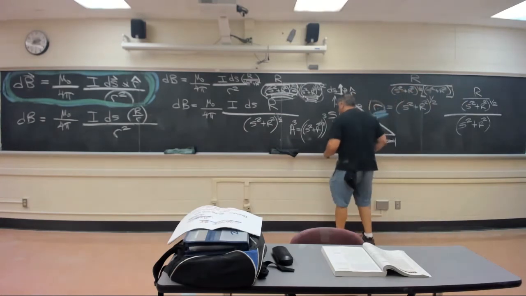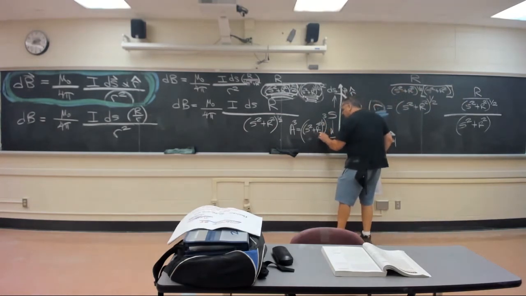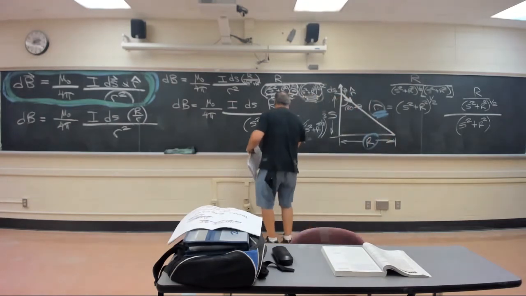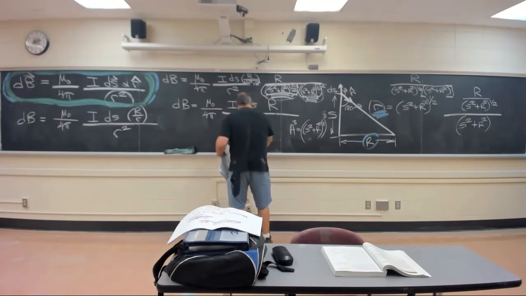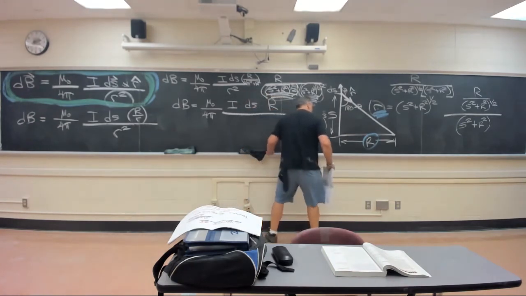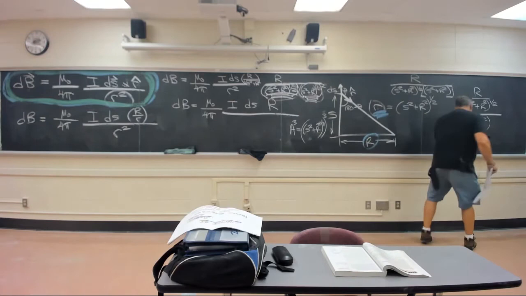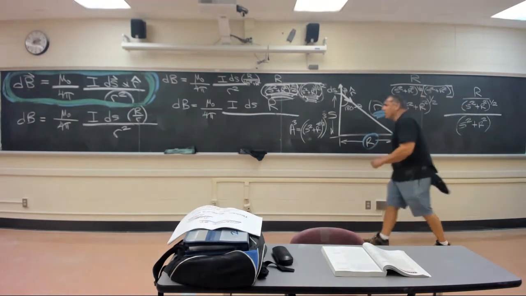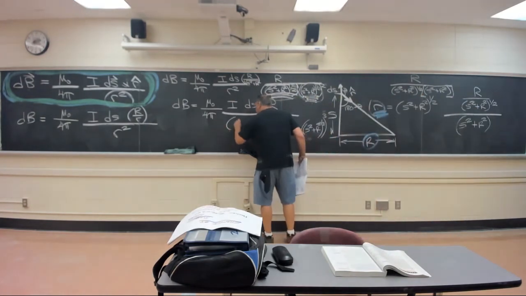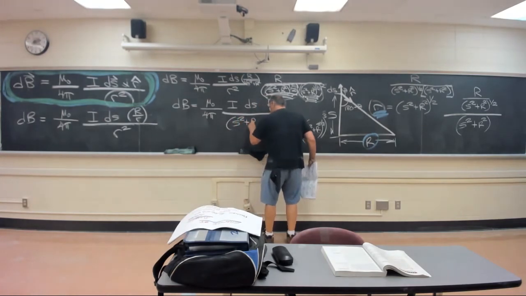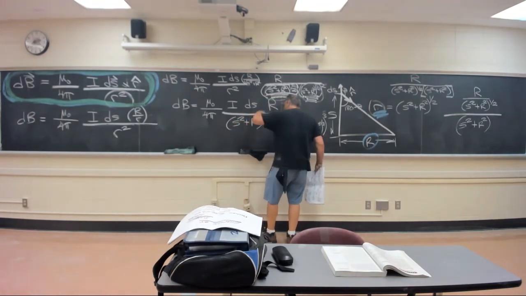Well, what is this quantity taken to the 1/2, that entire quantity taken to the 3? 3 times a half is 3/2. So at the end of the day, this quantity to the 1/2 taken to the 3 is this thing to the 3/2.